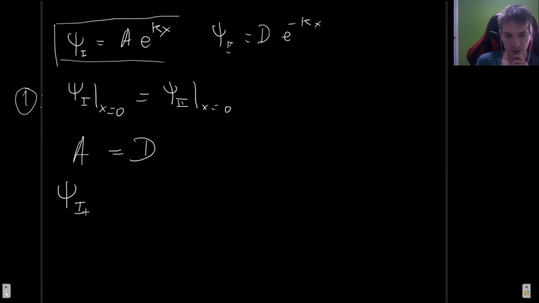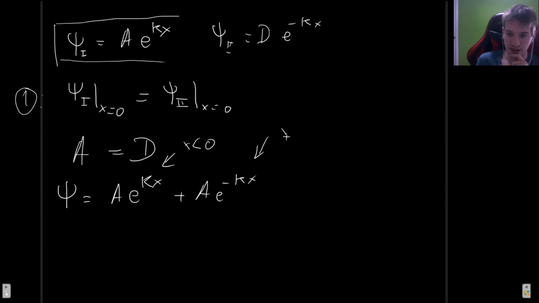So psi in general for the entire space is going to be A e to the kx plus this other A e to the minus kx. But the first is valid for x less than 0 only, and the second is valid for x greater than 0 only.